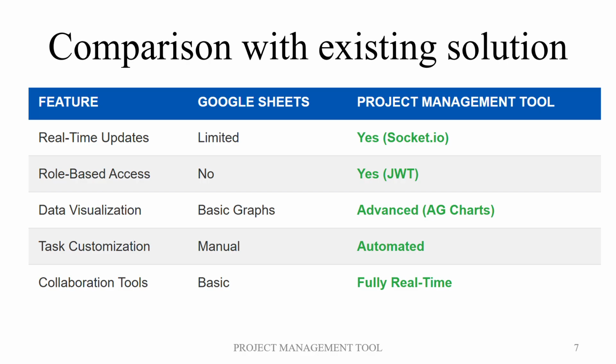If multiple people have access to that sheet, they might need to refresh to see recently added projects, and there is no role-based access, data visualization, task customization, or collaboration. So our project management tool addresses all these errors and makes our projects more efficient for the industry.